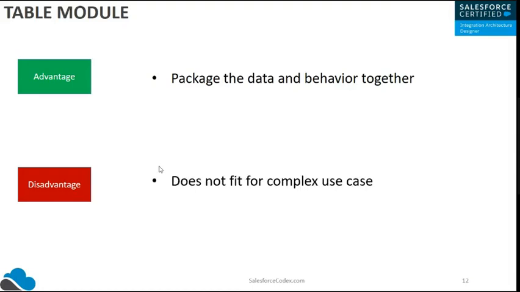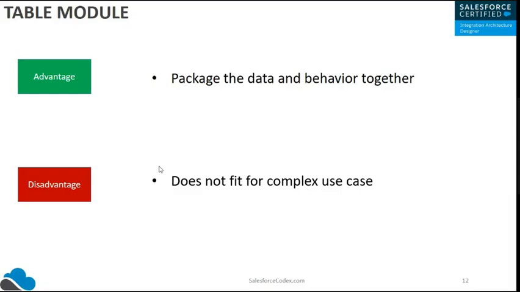Disadvantage: whenever there is a complex requirement, it does not fit, because you cannot change the behavior based on the requirement or the object. Take the example of product. Now if you want to use the same product with other properties and behaviors, like, product is used for the e-commerce application.